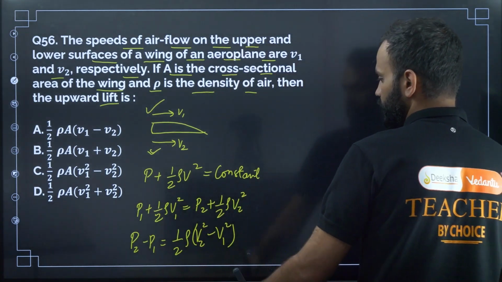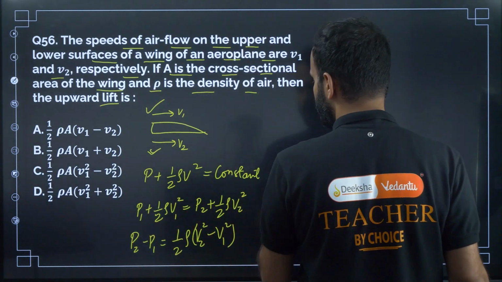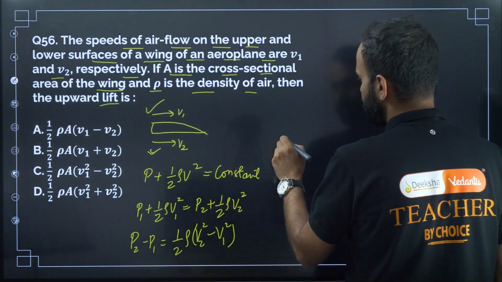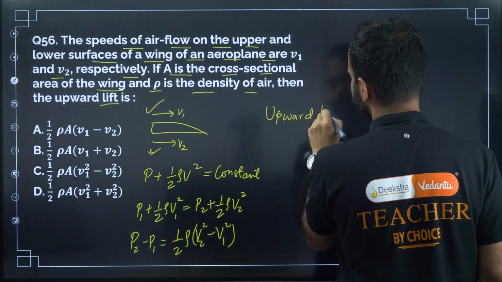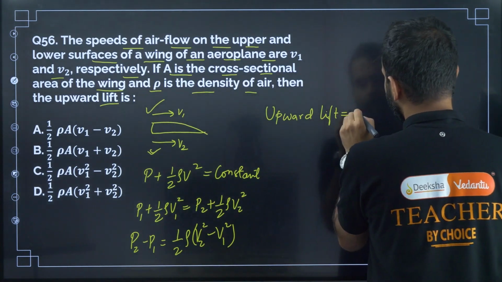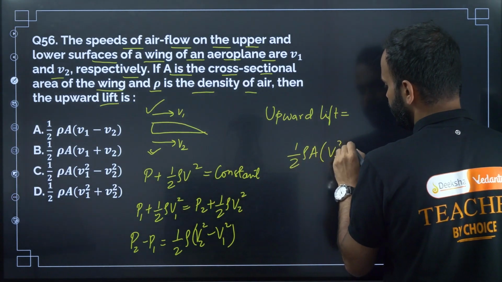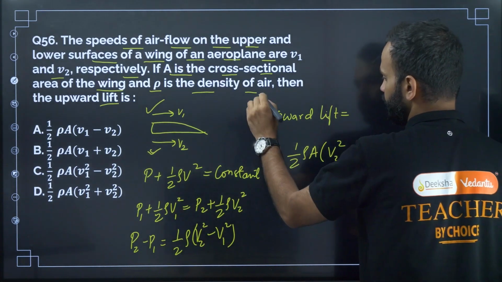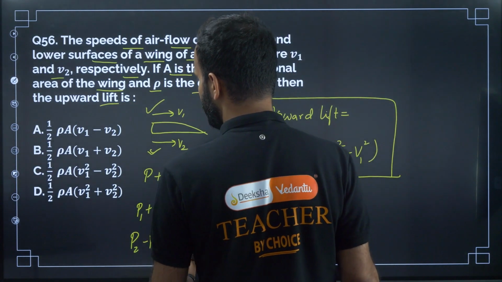P2 minus P1 is the pressure difference, that is force per unit area. So force, the upward lift, is equal to half rho A into V2 squared minus V1 squared.